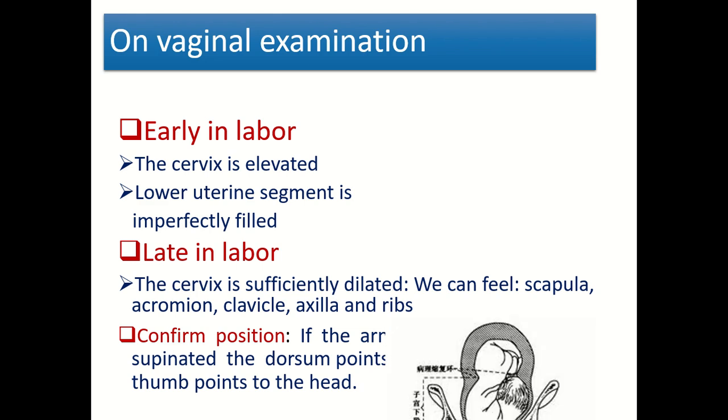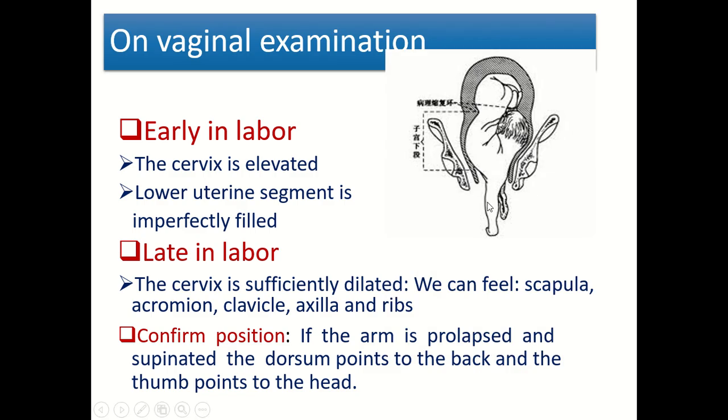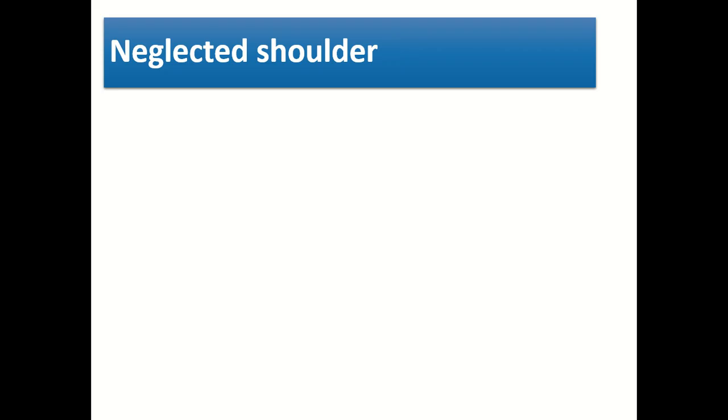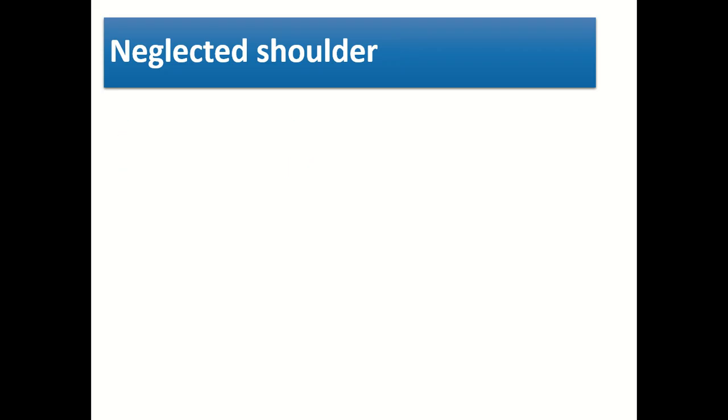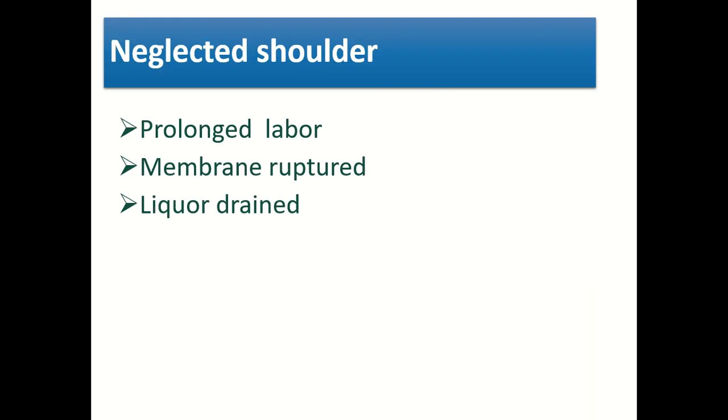As you can see from the photo below, the dorsum pointing to the back and the thumb pointing to the head. So we are done with early labor, late labor, and how you can confirm the position.